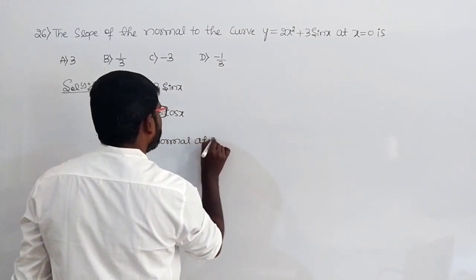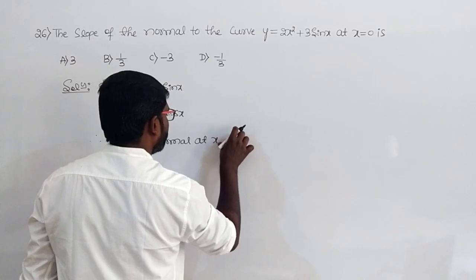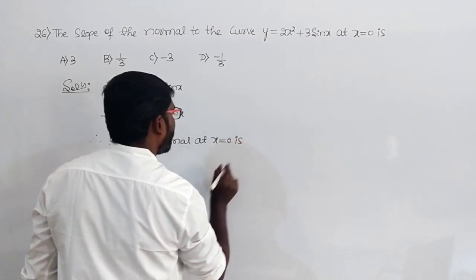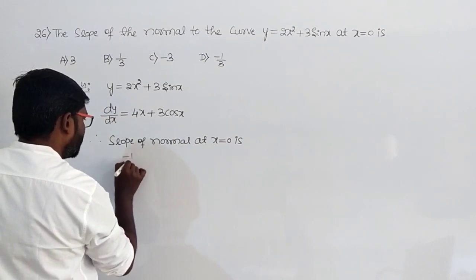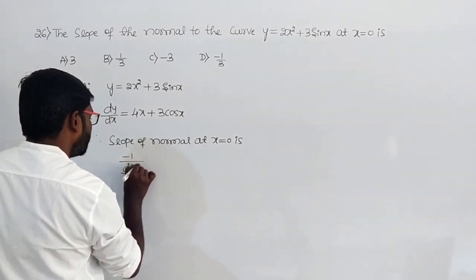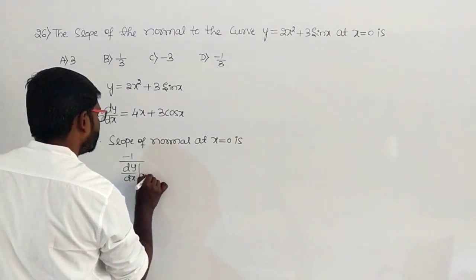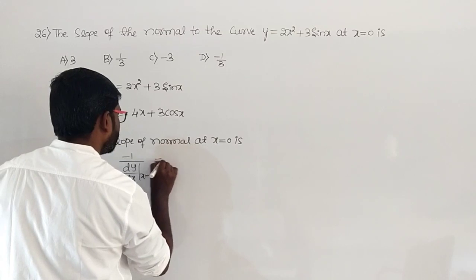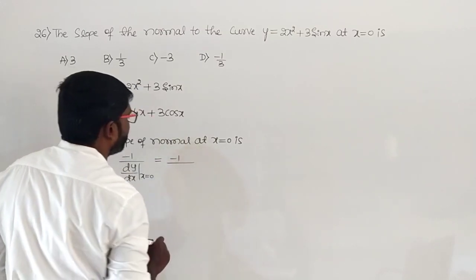at x equal to 0 is minus 1 divided by dy by dx at x equal to 0, which equals minus 1 divided by dy by dx.